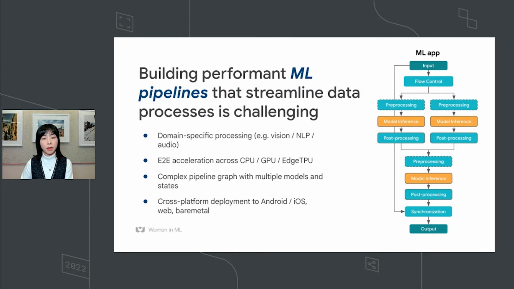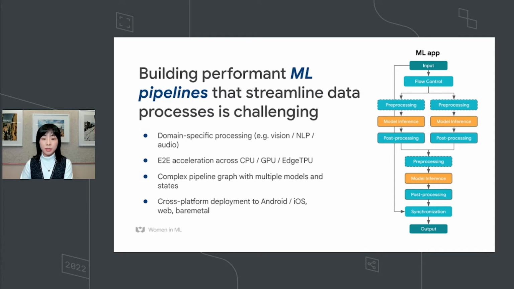On top of the ML models, you also need to build a pipeline to connect them to the rest of your app and streamline the data process, which is equally challenging. Many use cases require a complex inference graph with multiple models, lots of domain-specific pre- and post-processing, and control flows.